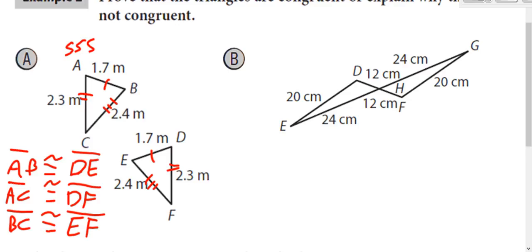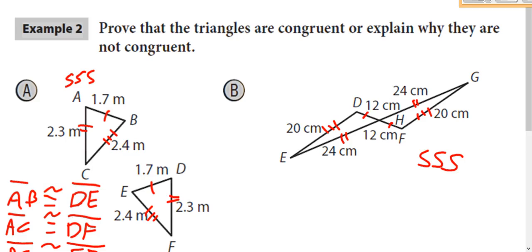You have the same thing going on in this other picture here. The 12 is congruent to the 12, the 24 to the 24, and the 20 to the 20. We have all three sides congruent to the other three sides, so that is side, side, side. You can list out the three sides again. So that means that side DH is congruent to FH.